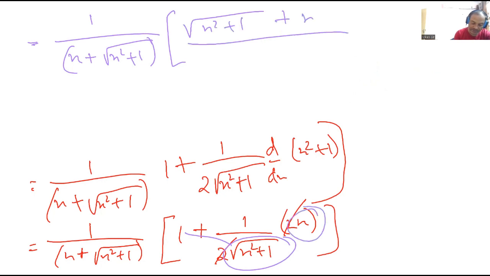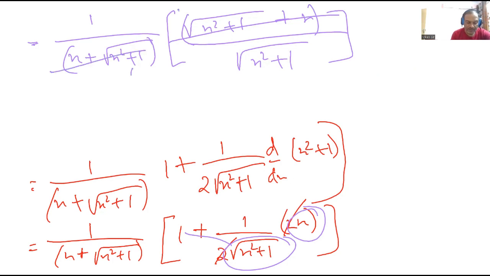And in the denominator, you will be having under root x squared plus 1. Now what I can do is I can just cancel out these two things. This will give you 1. And the numerator 1 in the denominator. And you will be having your answer as 1 over under root x squared plus 1. This is the required answer.